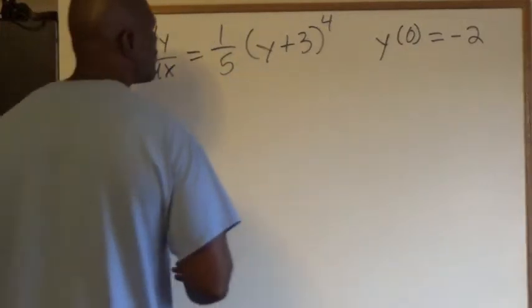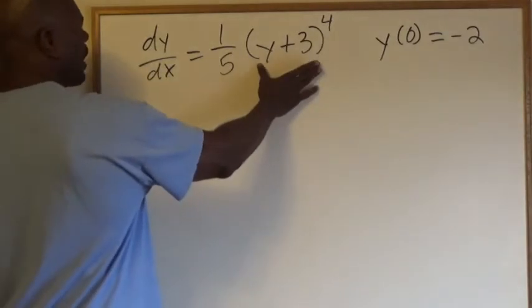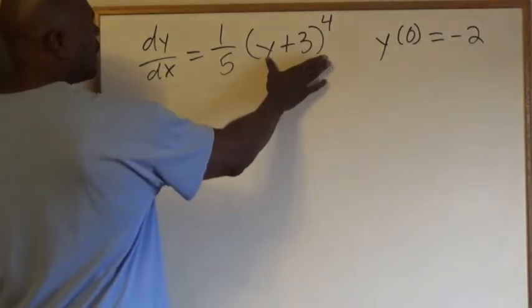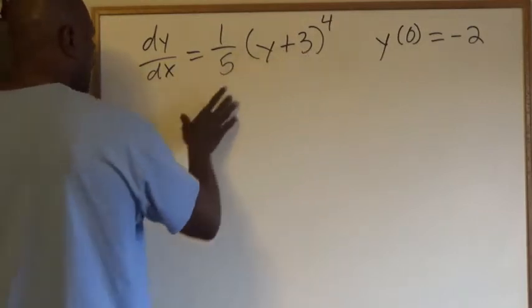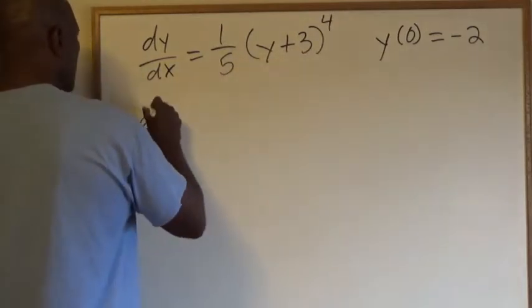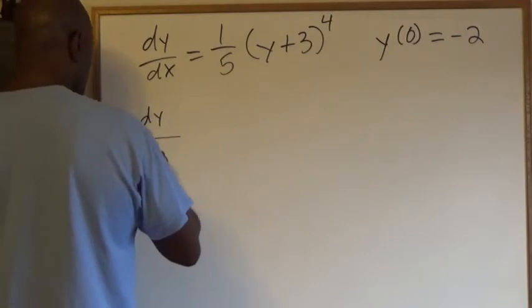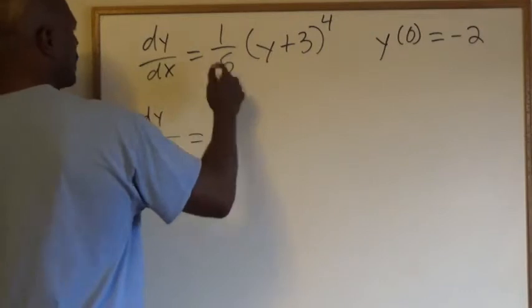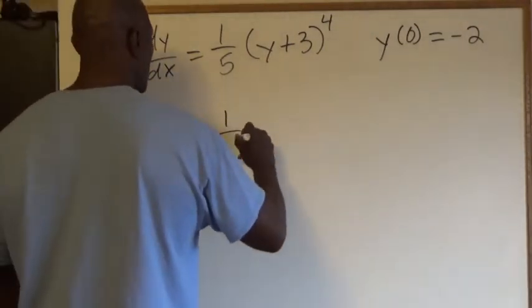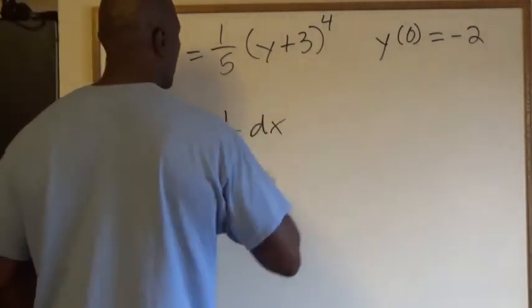So in this particular problem, I have this y plus 3 to the 4th. And so I'm going to move it over here. So technically it's going to come down. So I have dy over y plus 3 to the 4th. And then I'm going to move the dx over. And that's going to equal 1 over 5 dx.